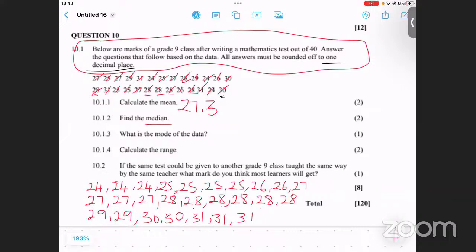Ma'am, since the meaning of median is the number in the middle, I took 7. Okay, let me get another one to answer and then we'll explain after.